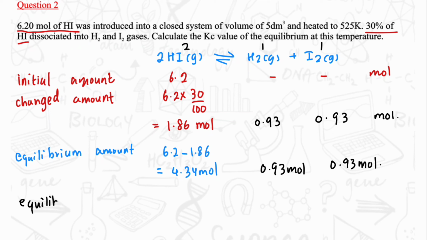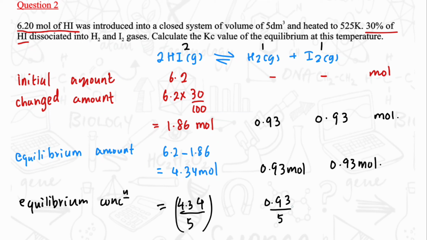So equilibrium concentration, for this we have to divide the number of moles by the volume. So this should be 4.34 divided by 5. Here it should be 0.93 divided by 5, and here also it should be the same, 0.93 divided by 5.